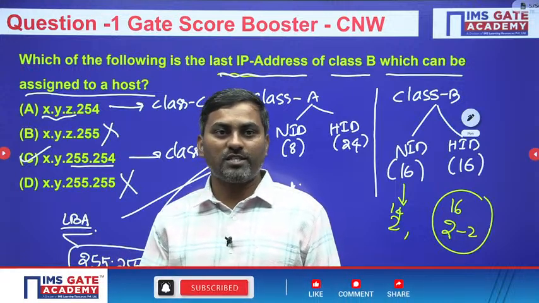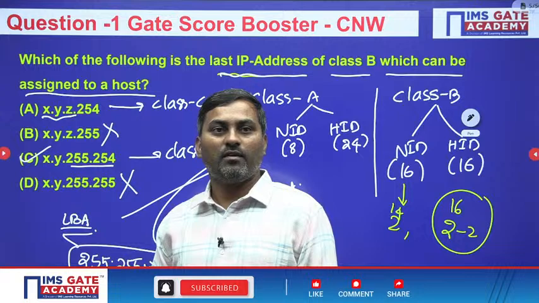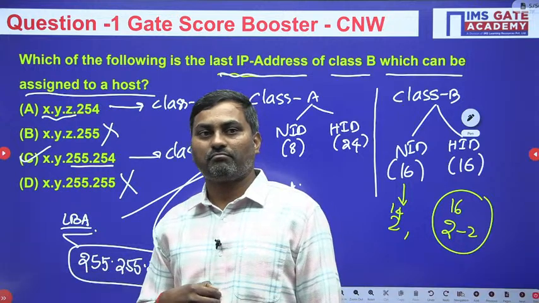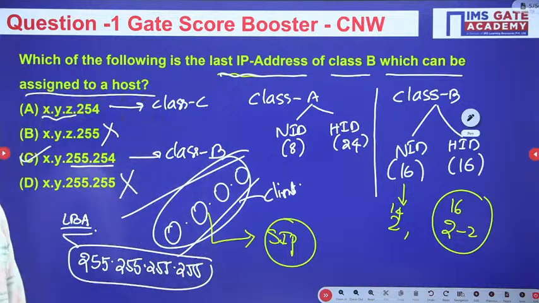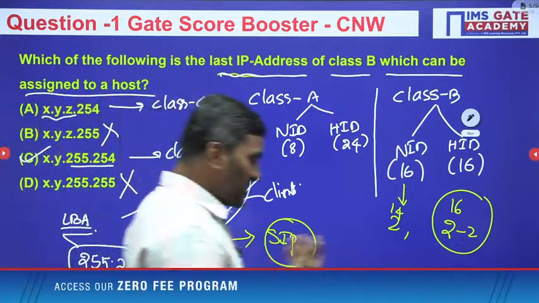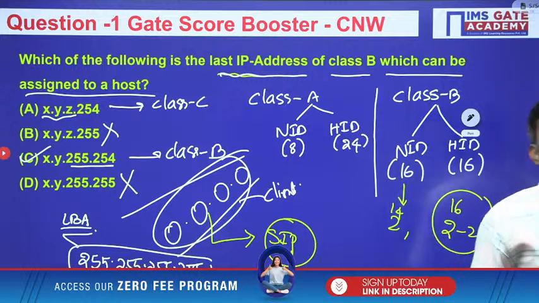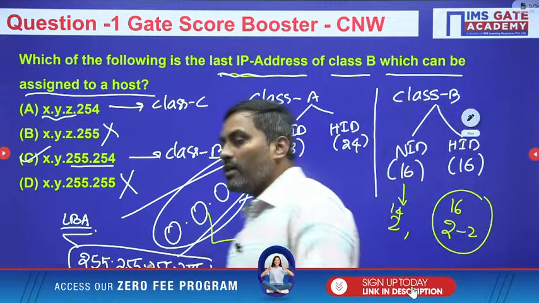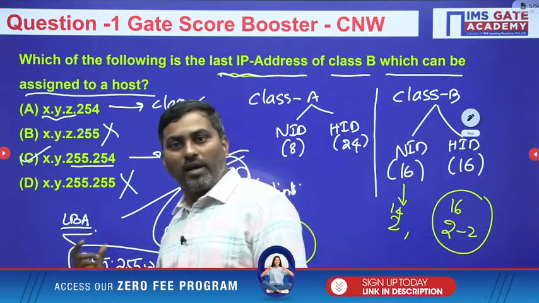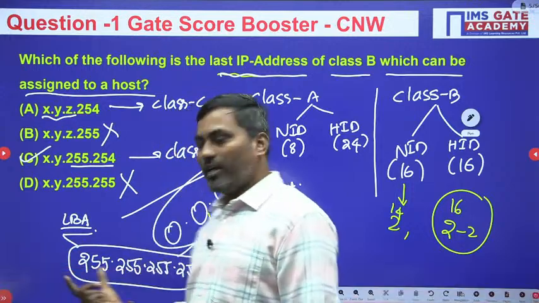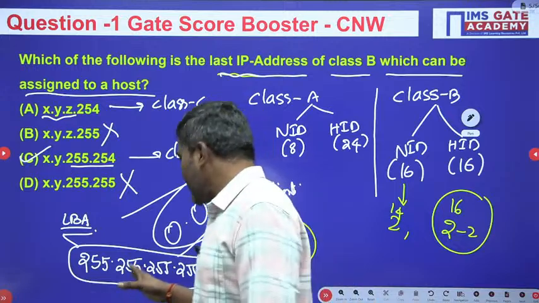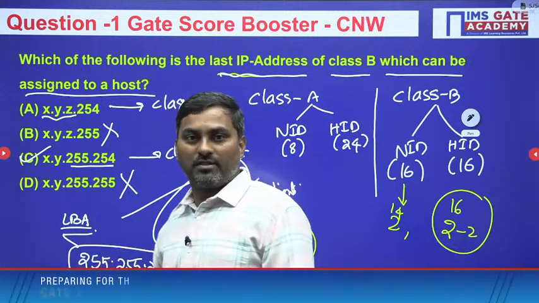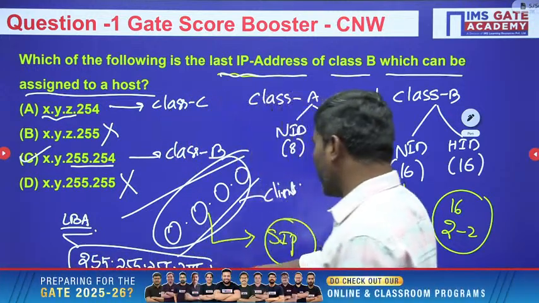Those who are watching, respond. These are the things we need to analyze while studying, important points. No. This is only a destination IP address. Nobody in the public network has this IP address. No computer will be assigned this IP address.